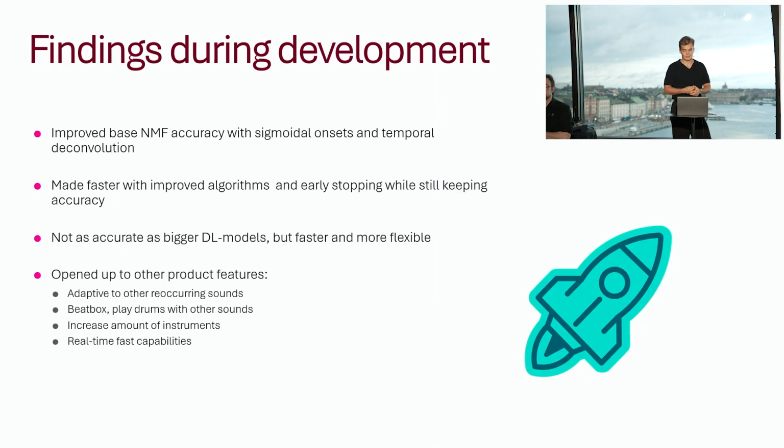And you can also increase the amount of templates you want if you want to add on more instruments, and you don't have to retrain a big deep learning model in this case. And also some real-time capabilities. We saw that we can run it really fast, although that comes up to other things, like how do you find an onset in real time and stuff like that. Right now it's a drag and drop feature.